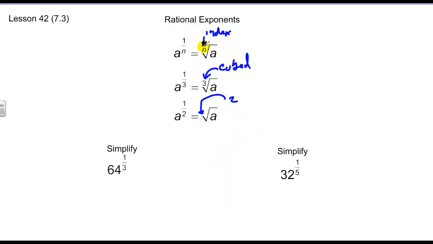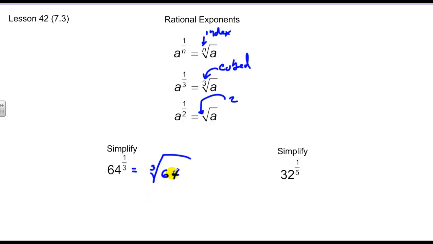Now, the index means how many times you must multiply a number by itself to get the number underneath the root. So for instance, if I want to simplify 64 to the 1/3 power, that's the same as the cube root of 64.